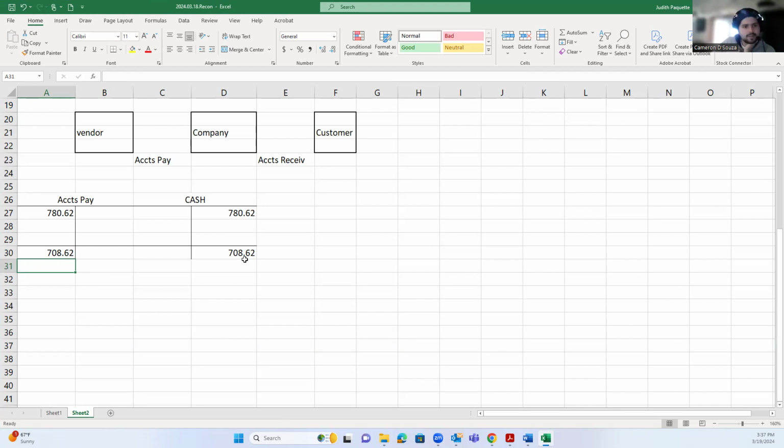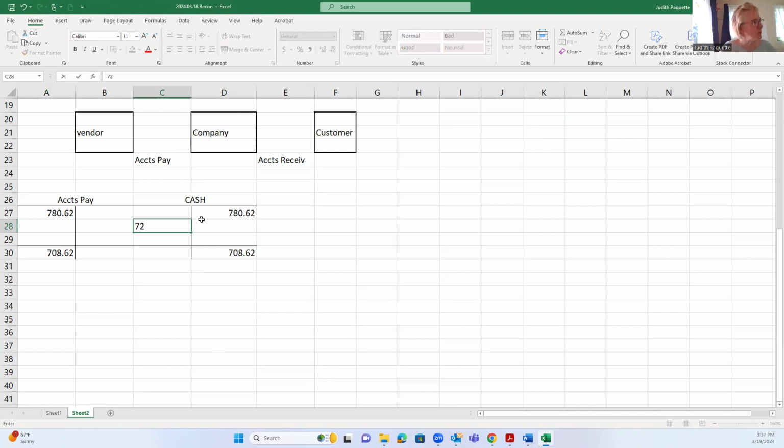Credit. Or do we need an increase to cash or a decrease to? Oh, a decrease. So we would have reduced cash $780. We should have reduced cash only 708. So we deducted too much from cash. Oh, okay. Then I'm wrong. So we need to increase cash by $72 and also accounts payable.